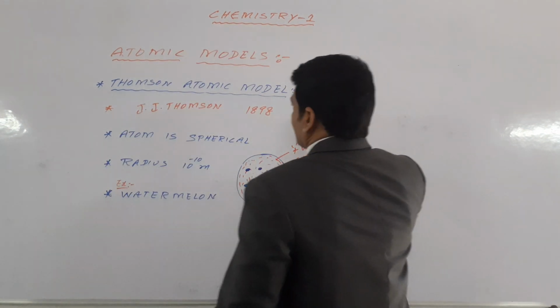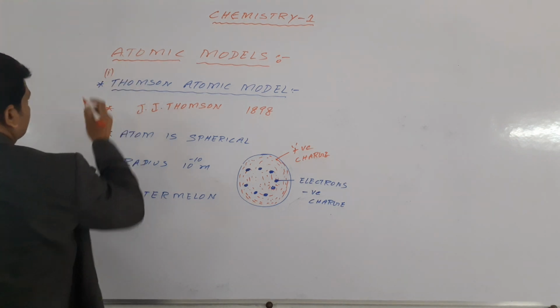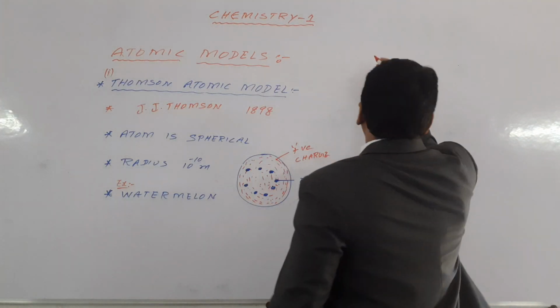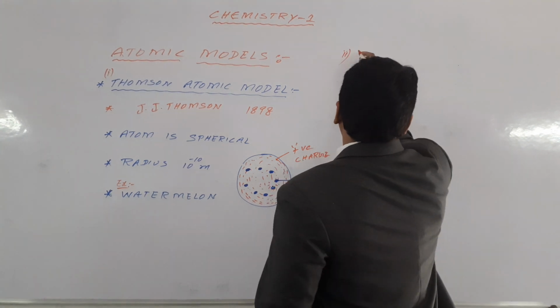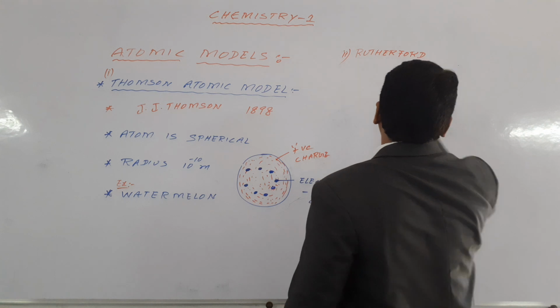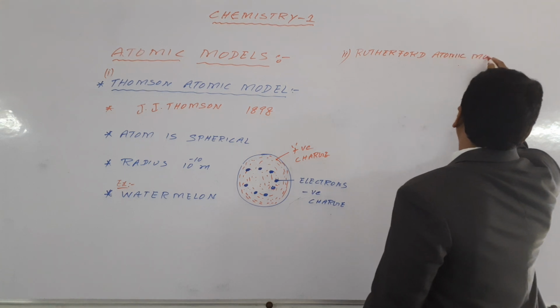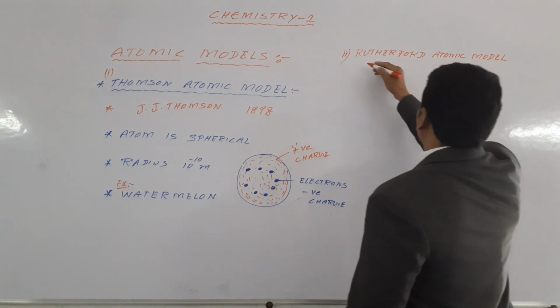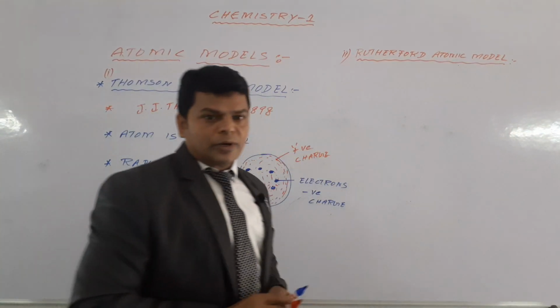This was the first model of the atom, and the second model of the atom is the Rutherford atomic model.